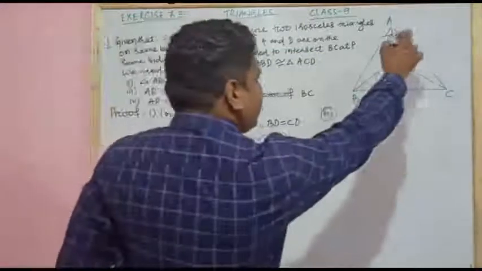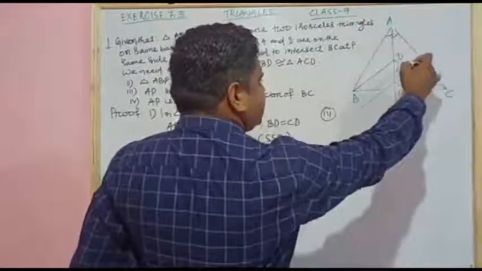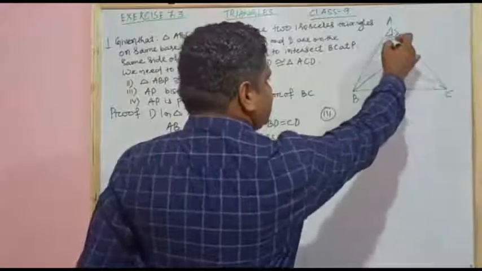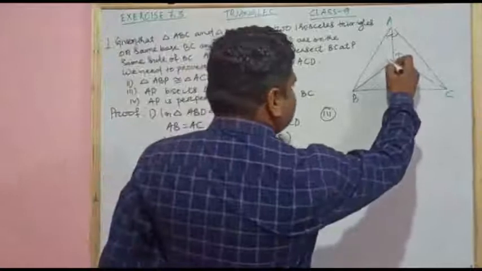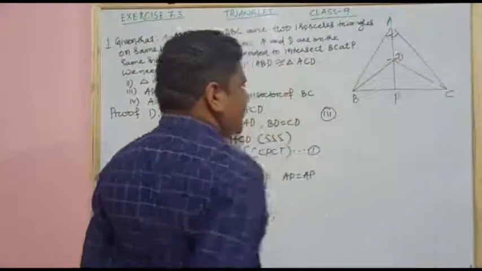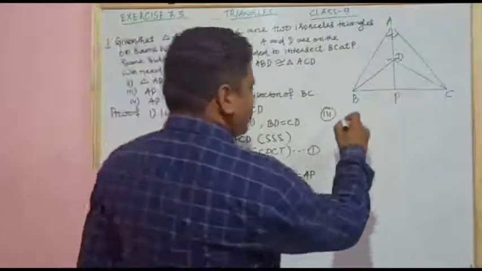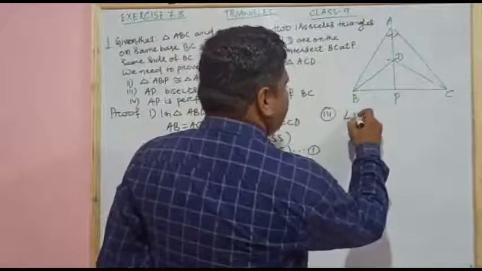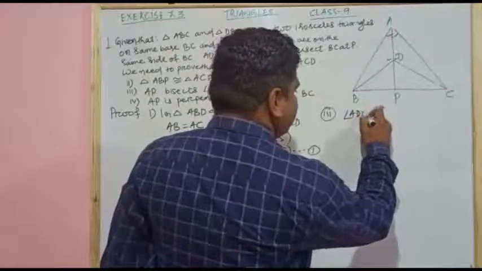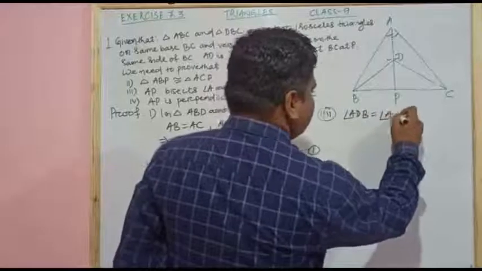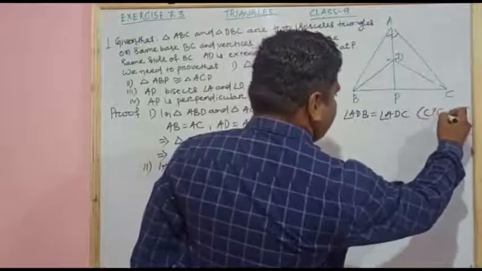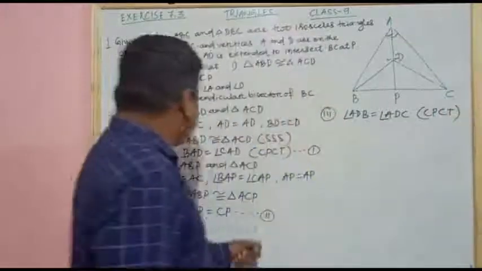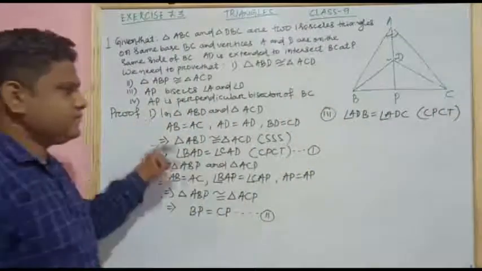Triangle ABD is congruent to triangle ACD, so these two angles are equal, and also we can write these two angles are also equal. So let's write angle ADB is equal to angle ADC by corresponding parts of congruent triangles from the first bit.